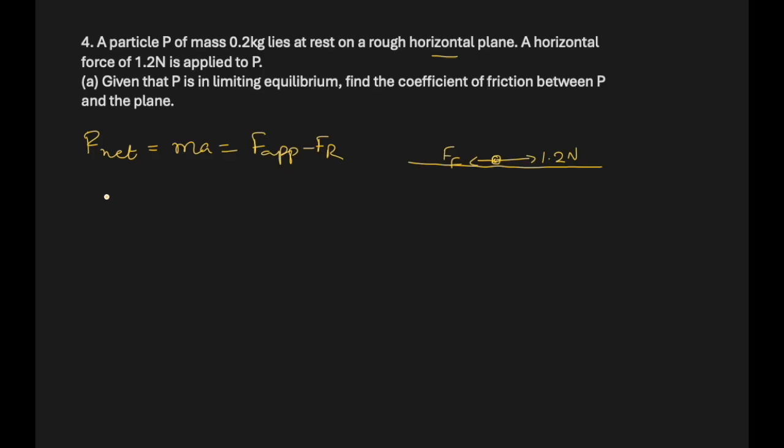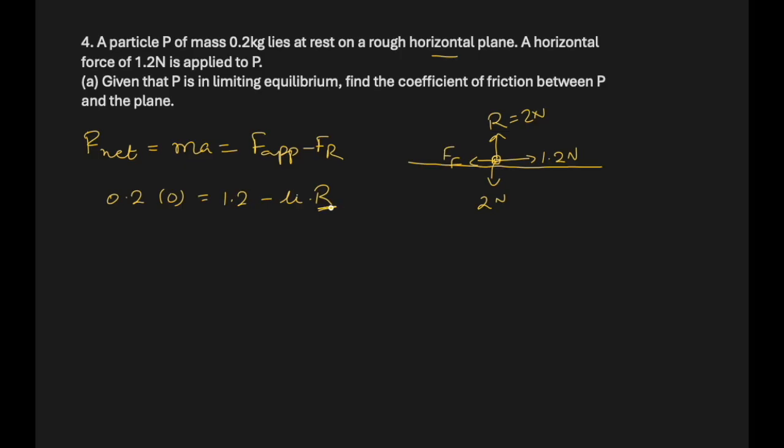So M is 0.2, A is acceleration, which is 0 because it's an equilibrium, there is no motion, equal to applied force, which is 1.2, minus frictional force, which is written as coefficient of friction multiplied by the normal contact force R. In this case, there will be a weight of 2 Newton, and there will be an R which will also be 2 Newton, because this particular weight is not going down or going up, it is stationary in this direction.